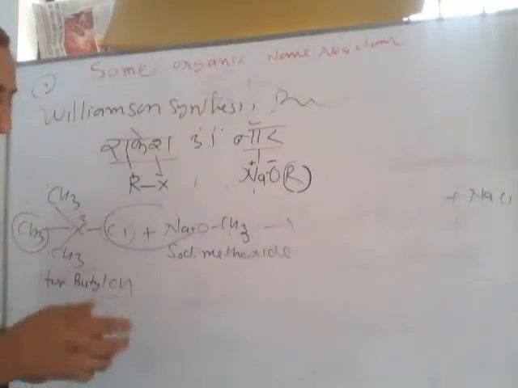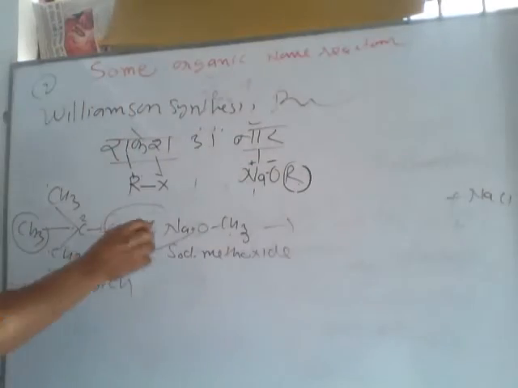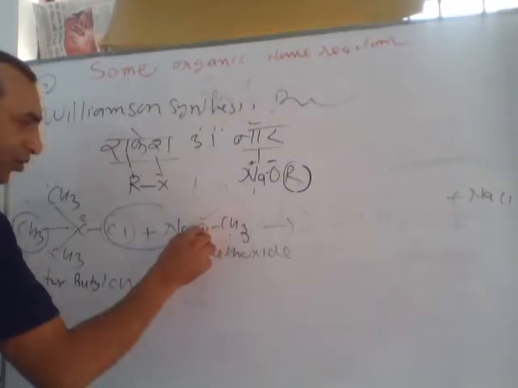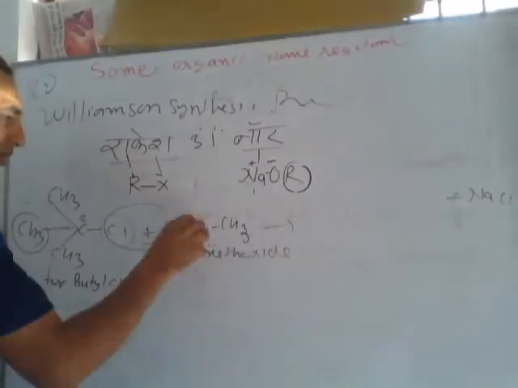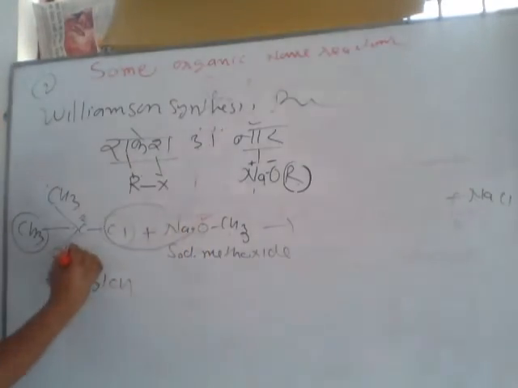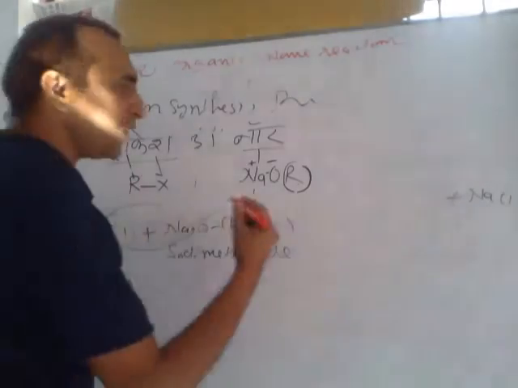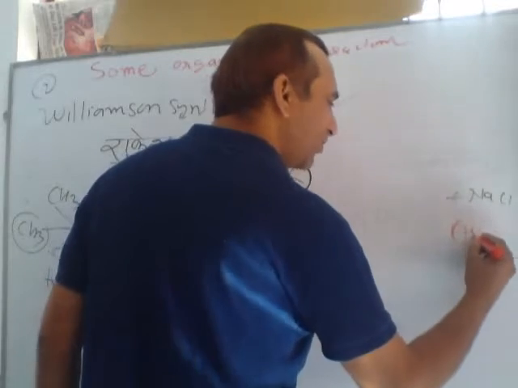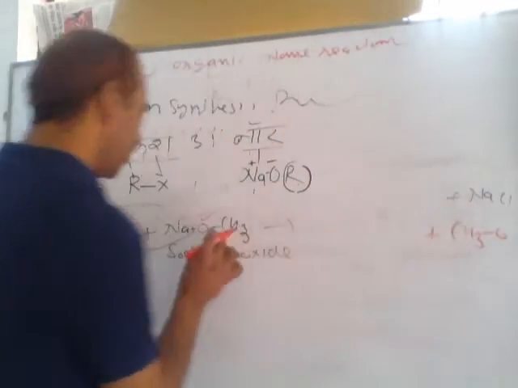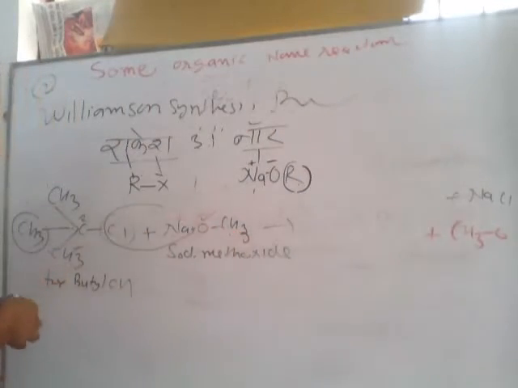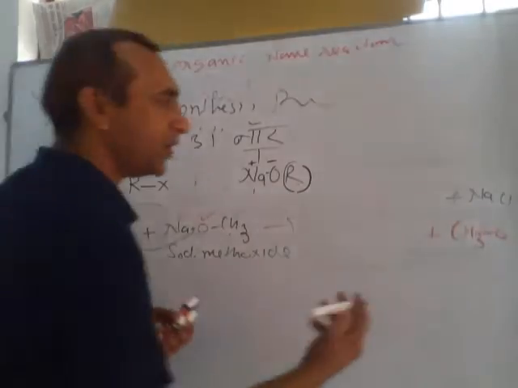But along with NaCl, what is happening? Listen. The OCH3 group, this oxygen takes a hydrogen from any one of the beta carbons, and this type of compound is formed: CH3OH.